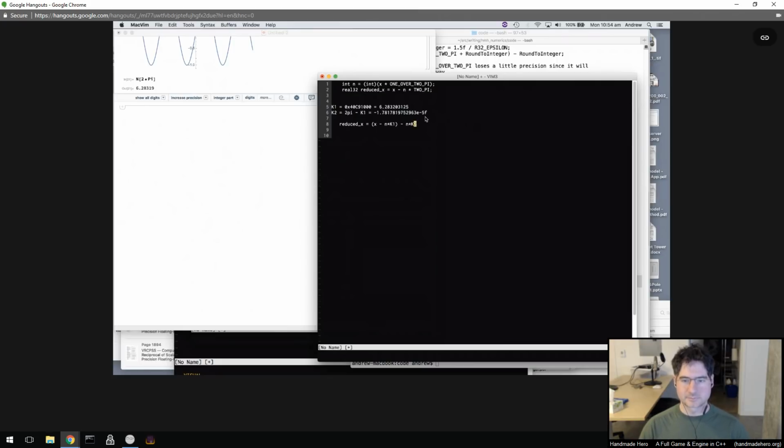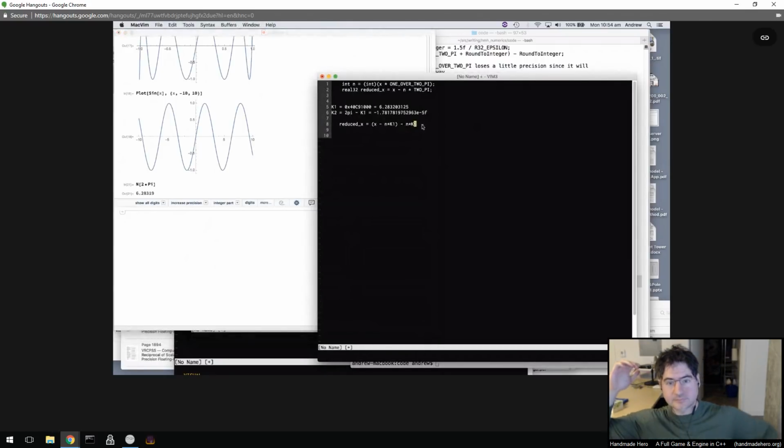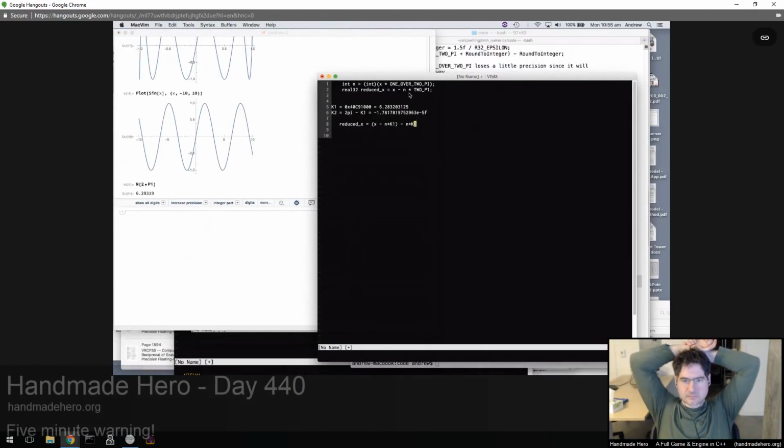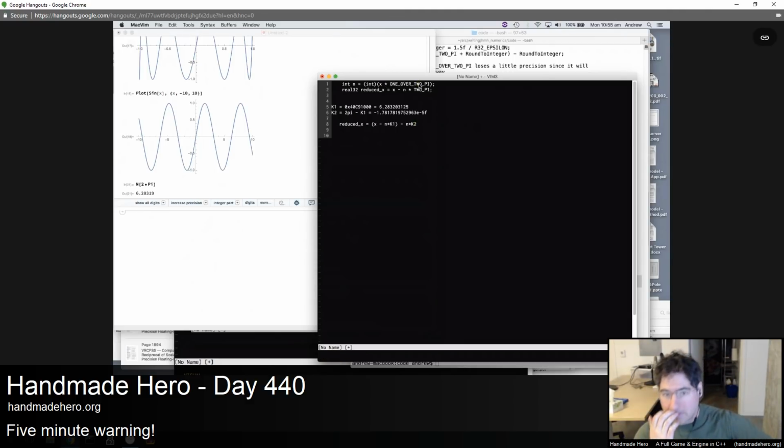That gives you x reduced into this range, 0 to 2 pi or whatever it is, to a higher precision than you would get by multiplying by 2 pi, at the cost of another multiply and a subtract. And n, we're going to find n using a divide at some point? We are going to use it. What we're doing here is multiplying by 1 over 2 pi.